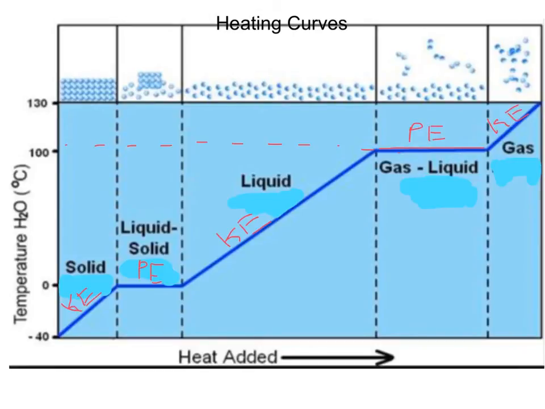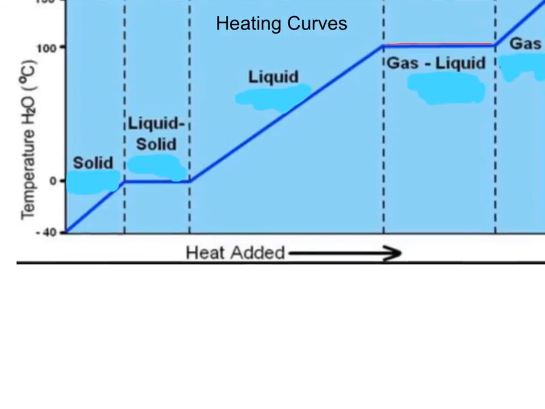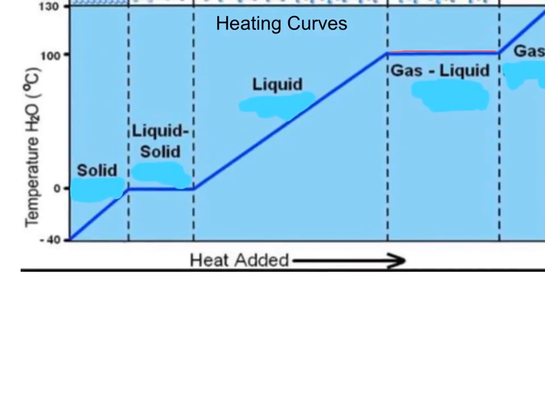Here's another question I might ask. Could you draw a picture of what the particles look like at a particular point? To do that, let me move my graph up so you can't see the pictures. Okay, here we go. What do the particles look like at, let's say, 60 degrees or so, which would be right around here?